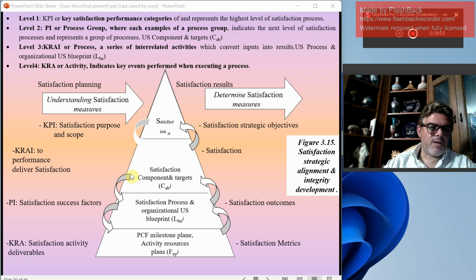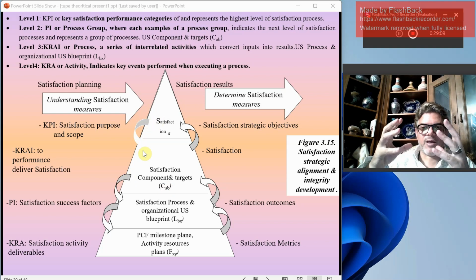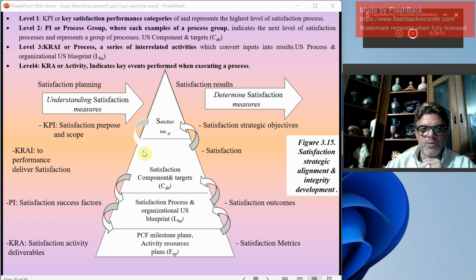Okay, so satisfaction, I can expand it to satisfaction categories. I can expand it again to satisfaction levels. Okay, so here would be key result area indicator, which is presented as satisfaction success factors.